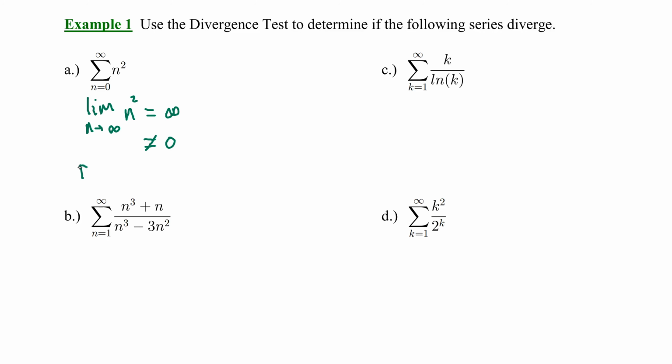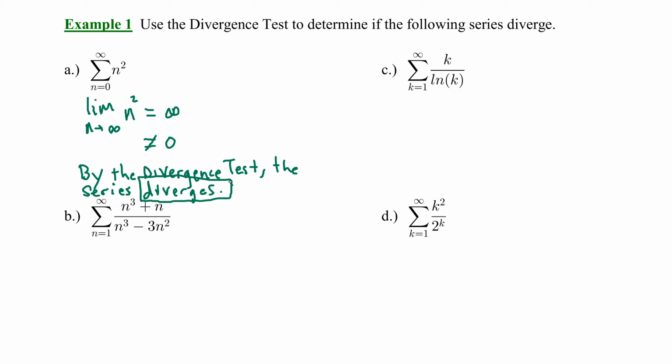So we can say by the divergence test, the series diverges. So I'm being specific with my conclusion statement here because as we add more tests, it will be important for us to cite which test we are applying to particular series.